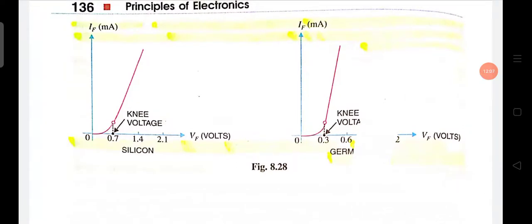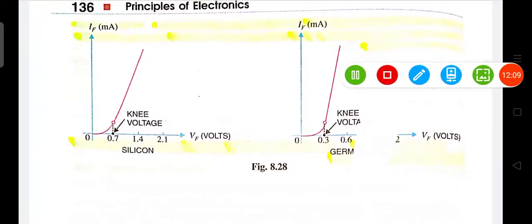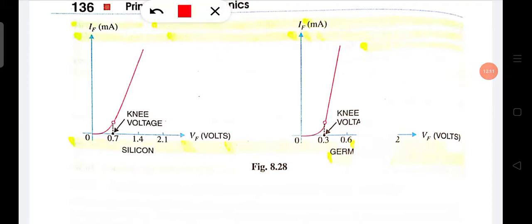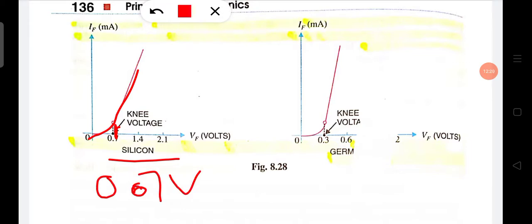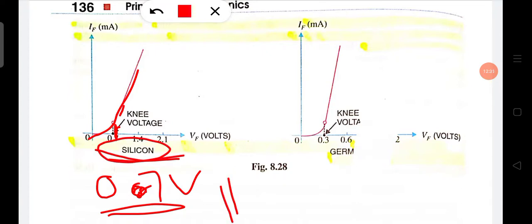Here you see, for silicon the knee voltage is 0.7 volt. After giving 0.7 volt, the potential barrier of the silicon PN junction is destroyed, and the current flow increases rapidly.